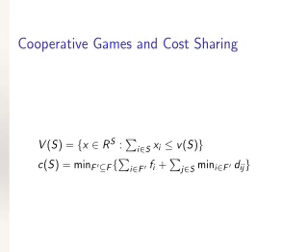So the cost function defined by this instance is the following. C of the singleton set A equals 4. C of the singleton set B equals 3. C of the singleton set C equals 3.